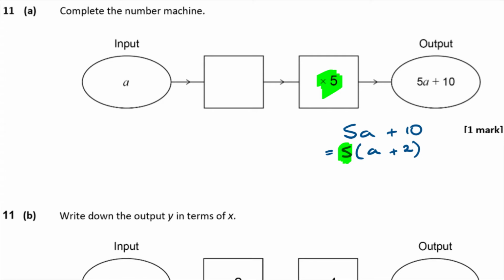The A comes from what we started with here. So what must happen in that box is this bit here, plus 2. So we start with A, we add 2 to it, and then we multiply it by 5, and we get 5A plus 10. So I'm going to write plus 2.